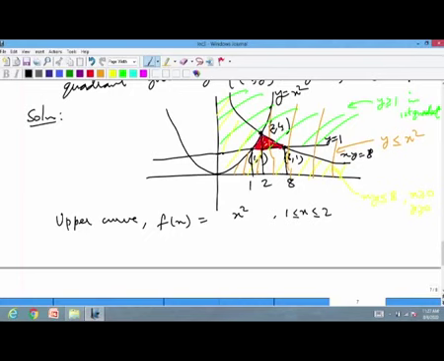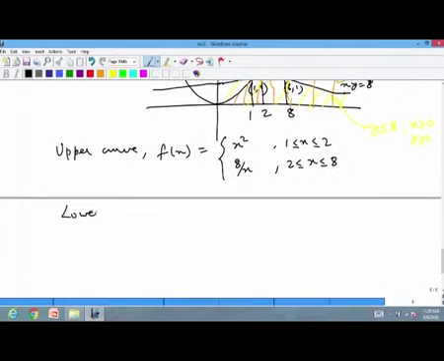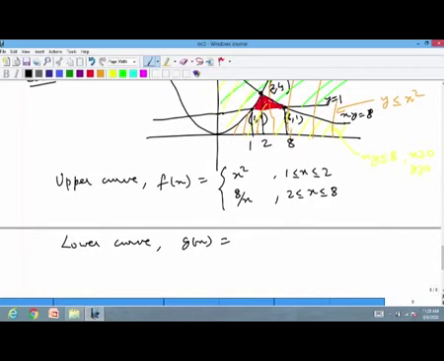So, from 1 to 2 it is y equal to x square, and from 2 to 8 it is y equal to 8 by x, and the lower curve g x is simply y equal to 1 for x between 1 to 8.